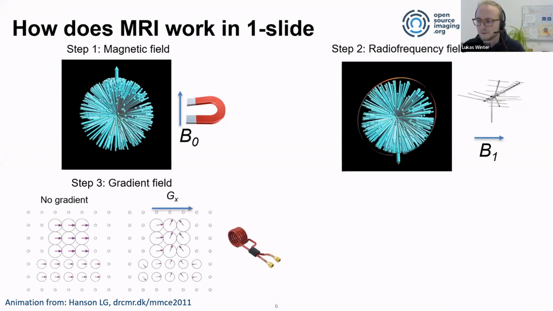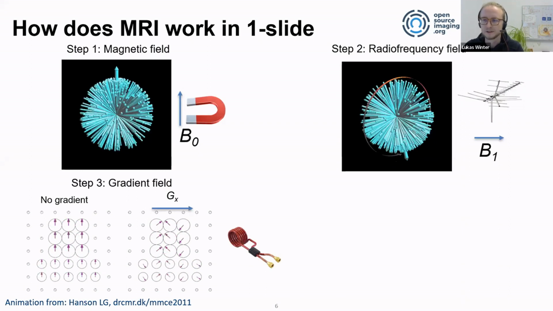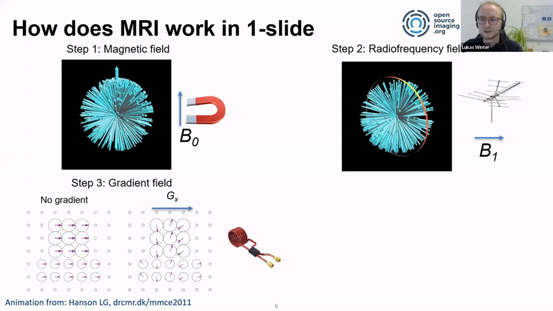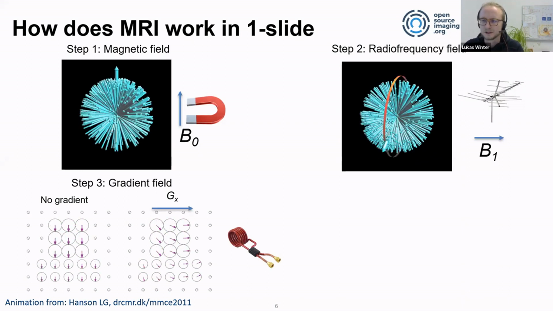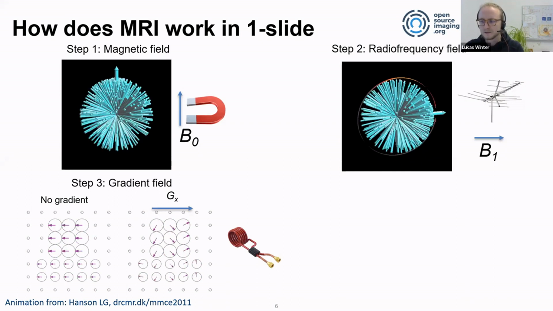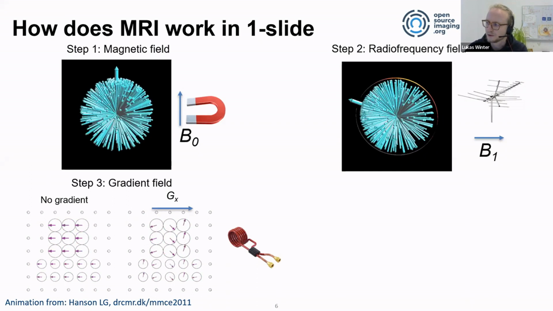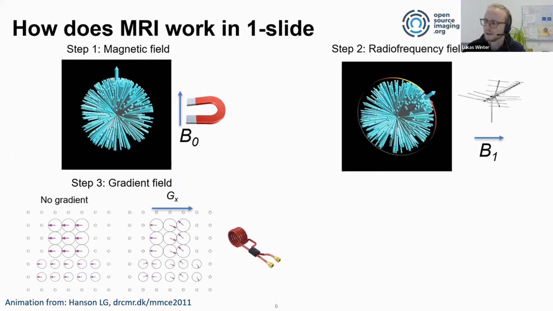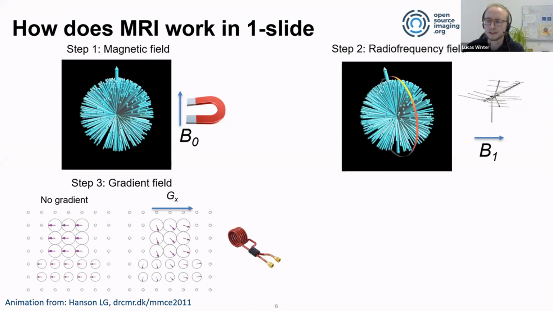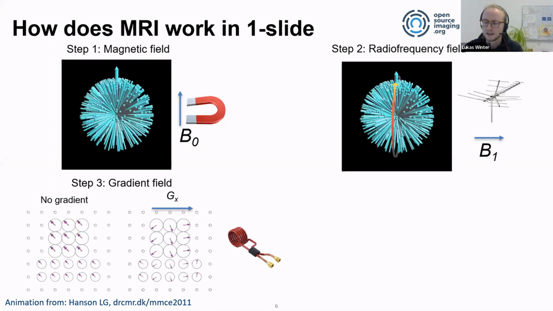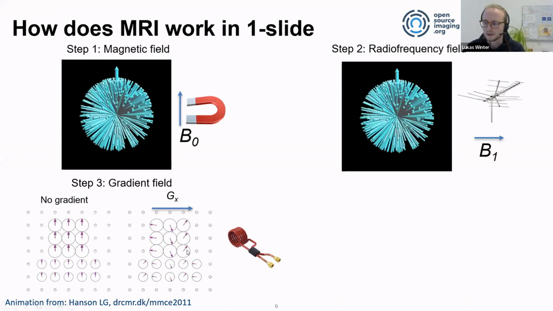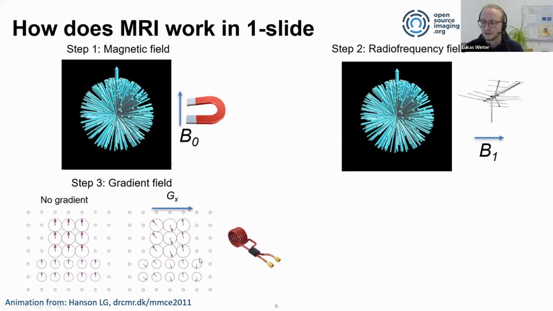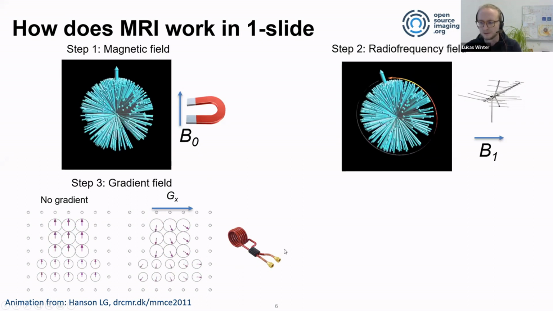Then we add another thing which we call a gradient field. You can think of something like an induction cooker that generates another magnetic field. Because this all rotates around B0 at a particular frequency, changing the magnetic field slightly, we can change its frequency components. So you can imagine you get a lot of different frequencies.